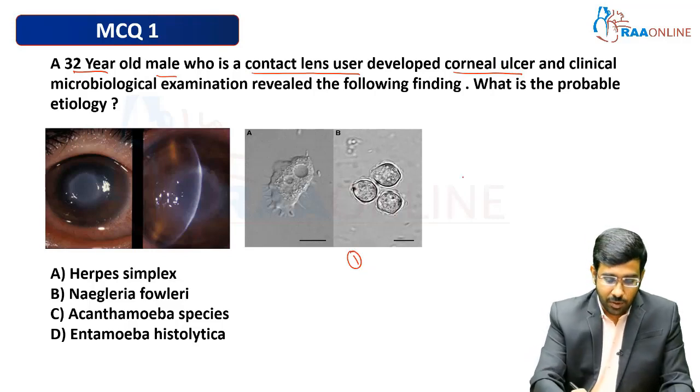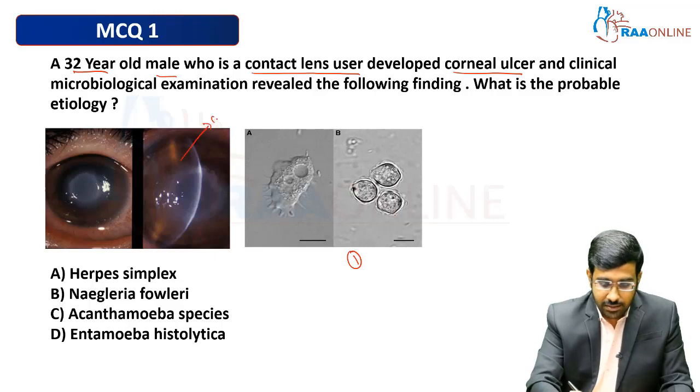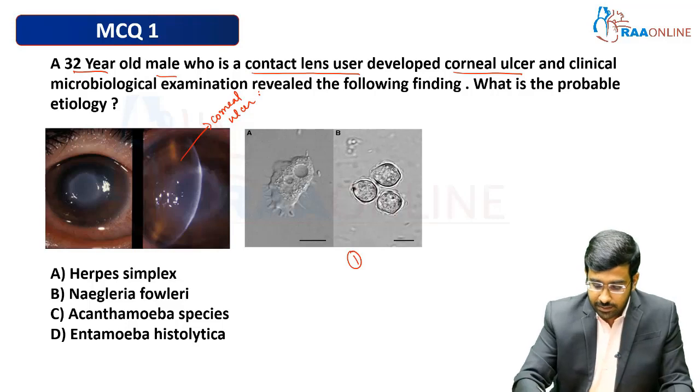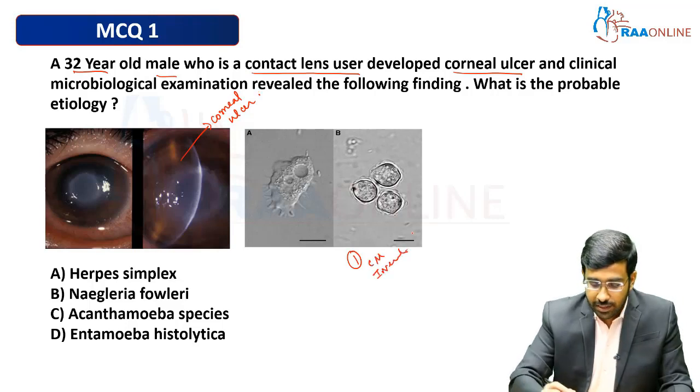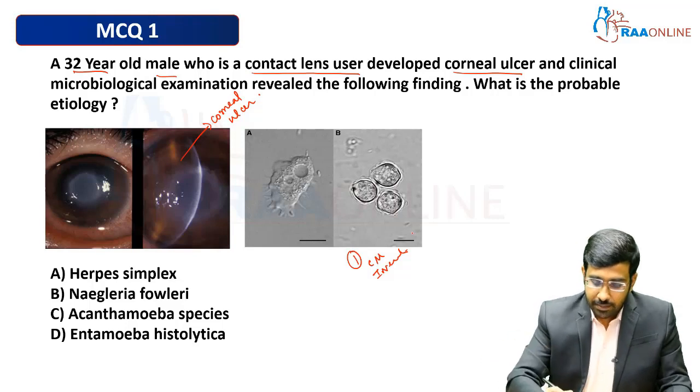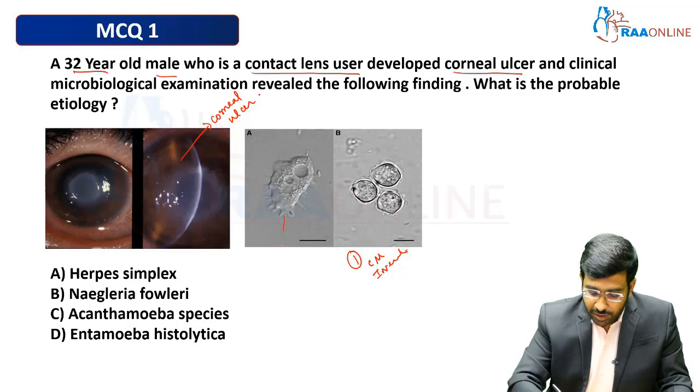Here we are able to see a corneal ulcer, and this is the clinical microbiological investigation. Here we are able to see a parasite, and we are able to see the acanthopodia. So this is the acanthopodia.